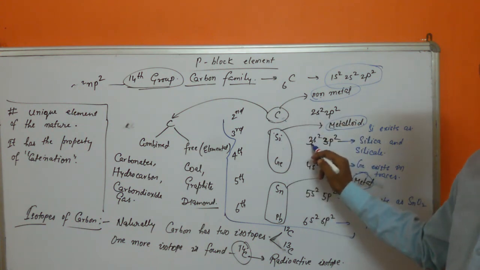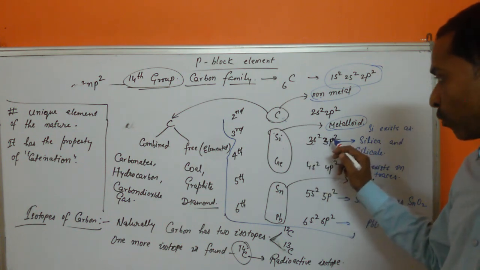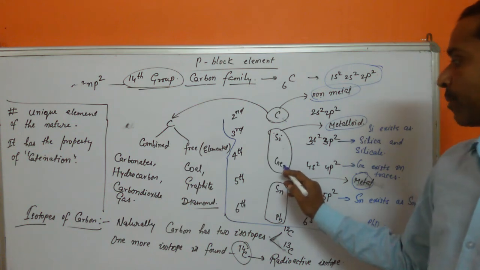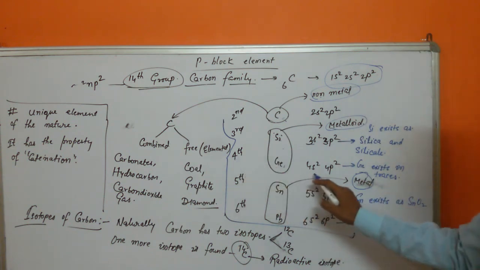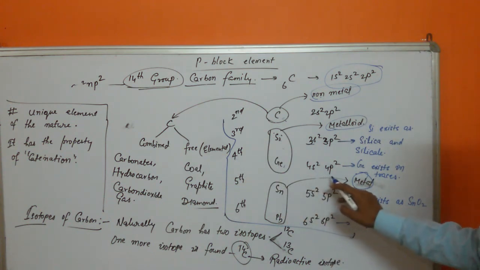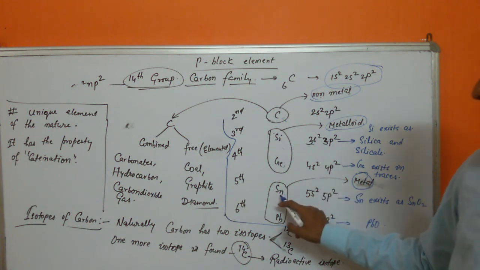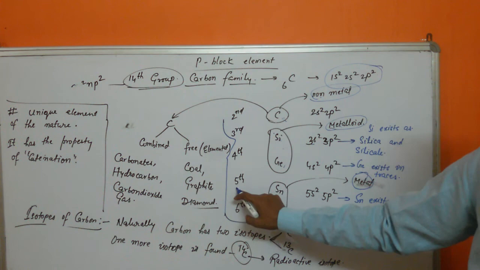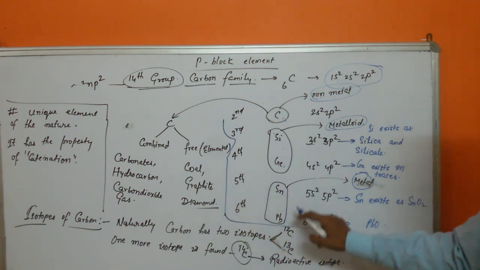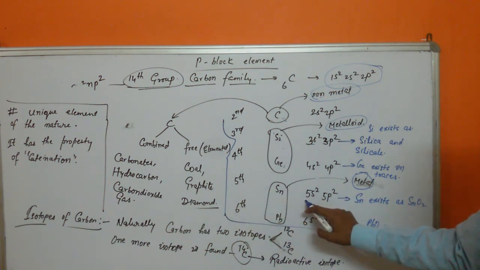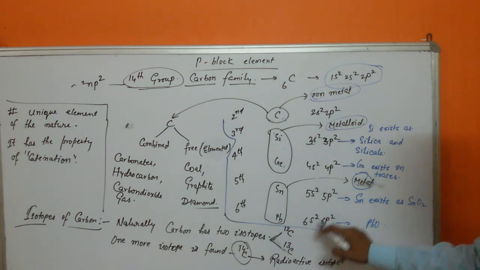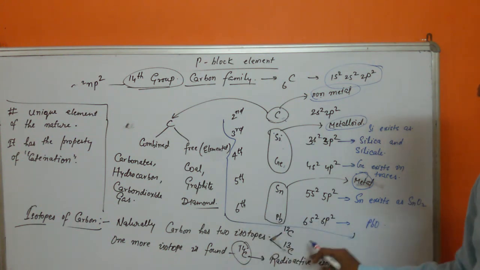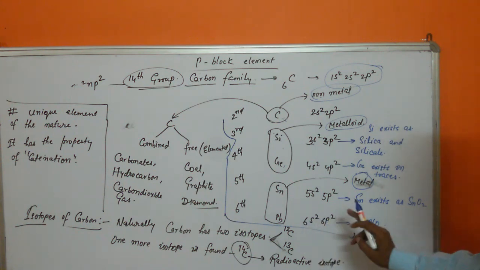Silicon is 3s2 3p2 because it belongs to the third period. Germanium belongs to the fourth period, hence 4s2 4p2. Tin belongs to the fifth period, 5s2 5p2, and lead belongs to the sixth period, 6s2 6p2.